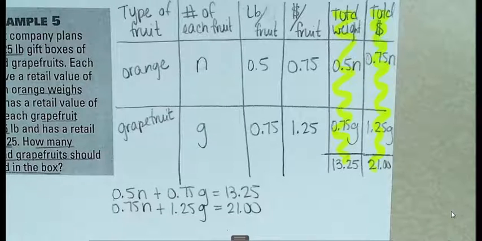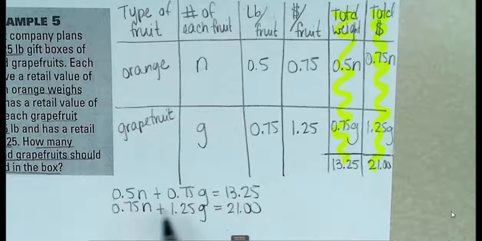Looking at this, at this point you have many options. You can solve for one of these variables and graph it, or solve for one of these variables and use substitution. I'm going to go ahead and use combinations.